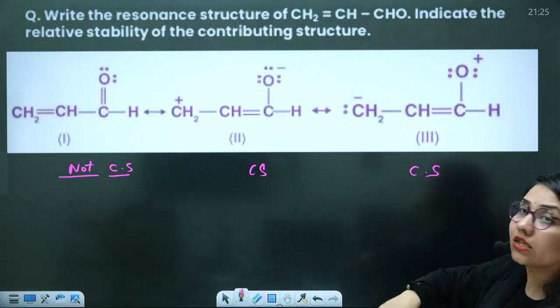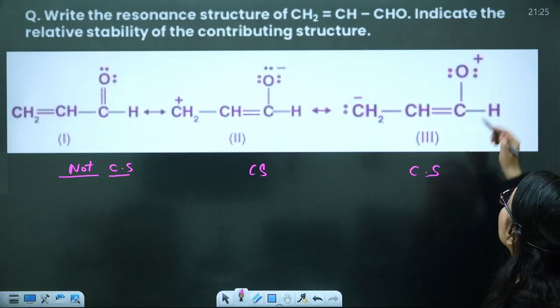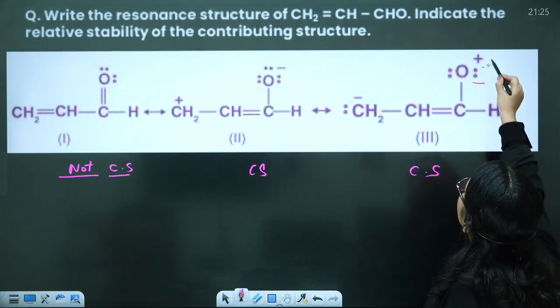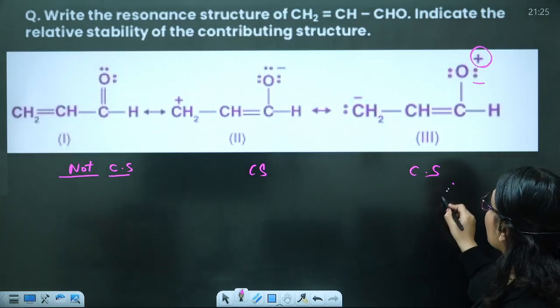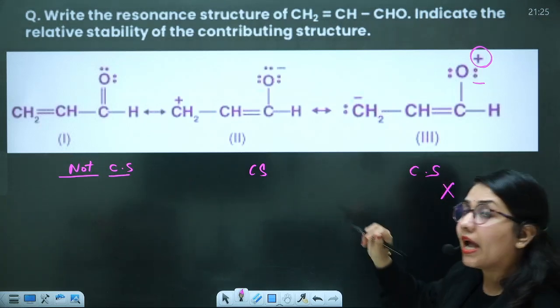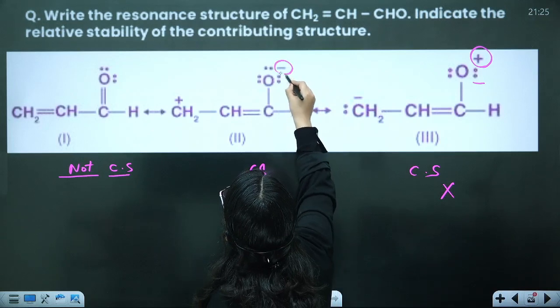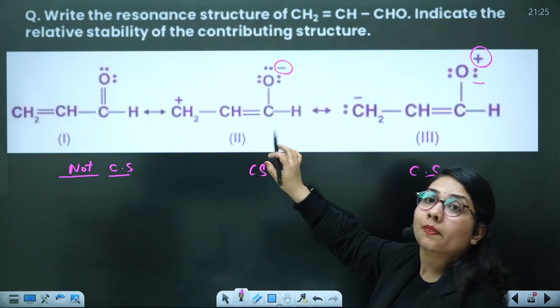Now see the other property: here the electronegative element has a positive charge on it, so it is not that stable, and here the electronegative element has the negative charge on it.